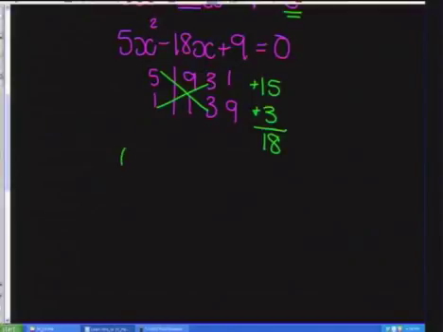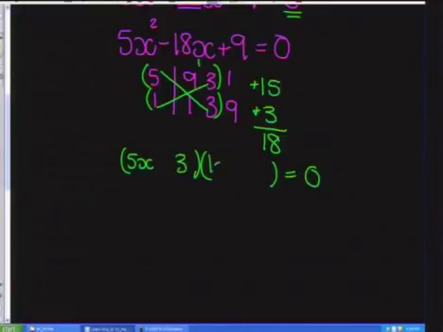So then let's factorize. Let's remember what we do. We put brackets around the top and brackets around the bottom, and we bracket it, and it's equal to 0. So I've got a 5x, and I've got a 3, I've got a 1x, and I've got a 3, and in this case now they're both positive.